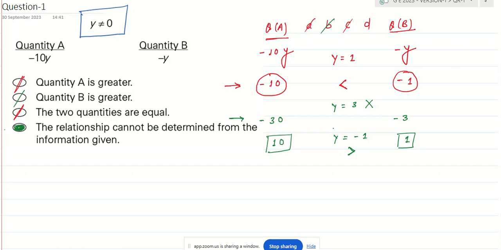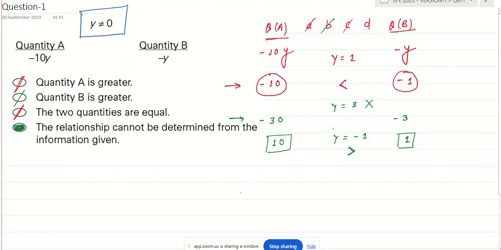Make sense? This is the kind of question you get only in the GRE. So remember, your assumption should be something where you can make a difference. The assumption should eliminate a few options. Only then can we say it is a good assumption, a good number.